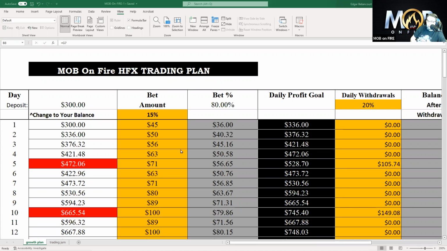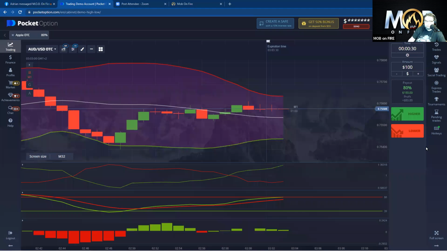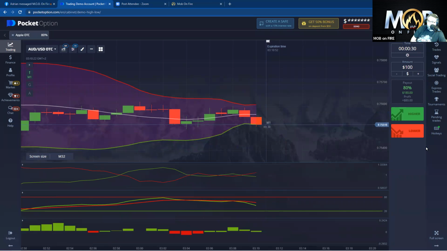Okay. So what ended up happening is that we were spinning wheels and spinning wheels. So we made a decision to revert to what we've been doing for the past 3-4 weeks, which is teaching everybody how to make some money, how to understand how to profit from Pocket Option.